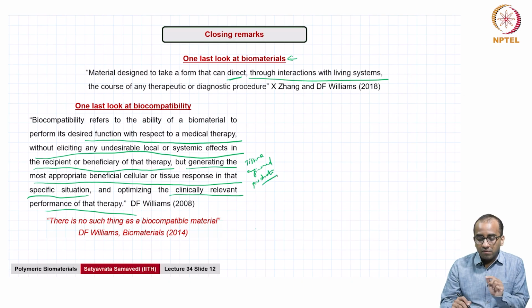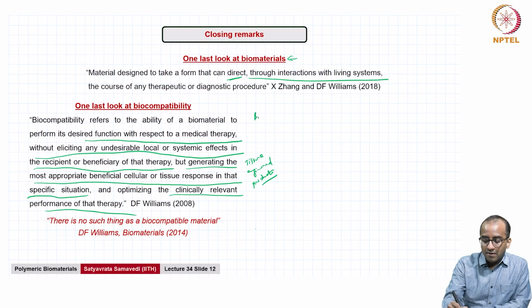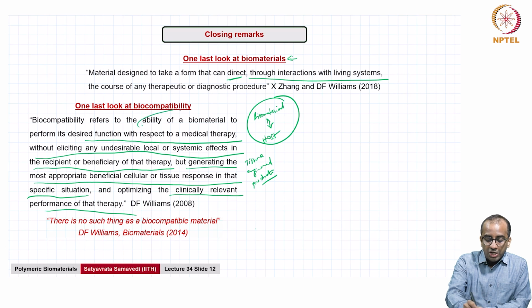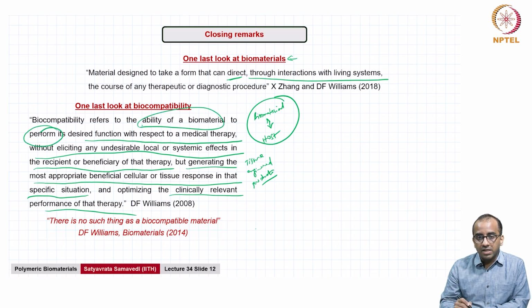So, this also, as you see, now encompasses definitions of tissue engineered products. Always remember, this definition still includes the idea that biocompatibility is intrinsically a system property, and this system includes a biomaterial and a host. This ability of a biomaterial to perform its desired function with respect to medical therapy is coming at it from the biomaterial perspective.